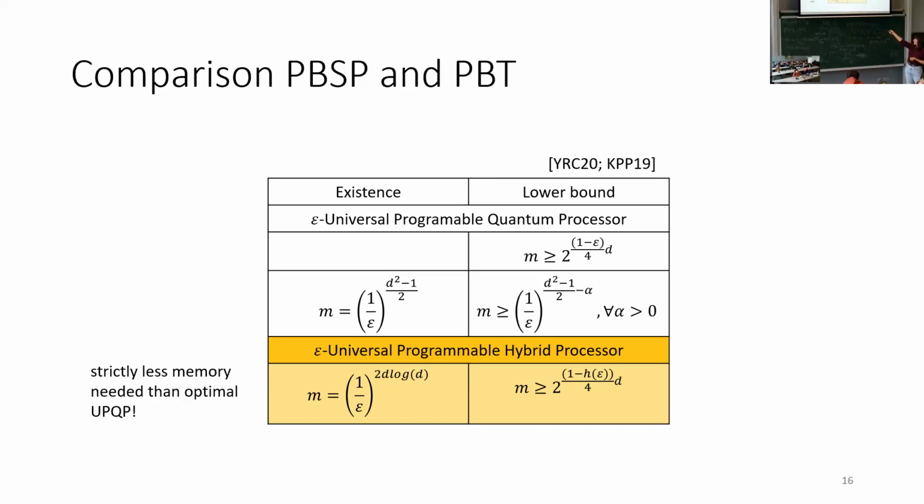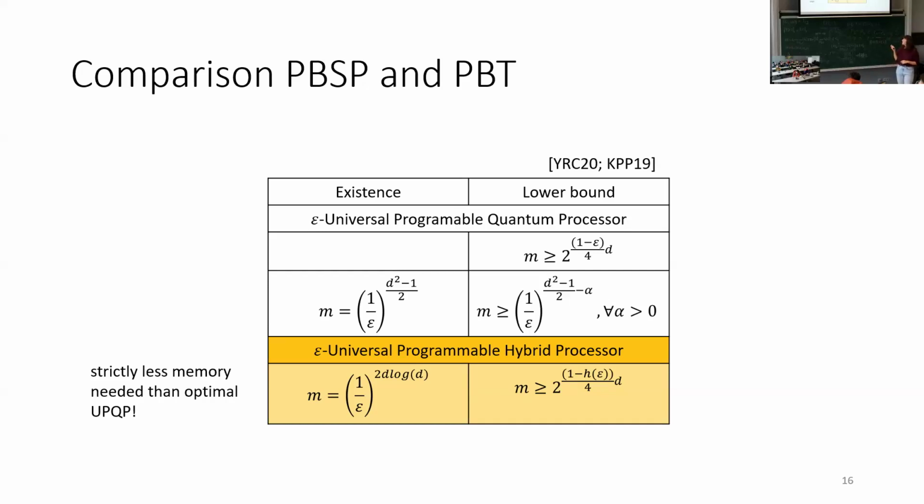But we could only show a lower bound on the memory that scales exponentially in the dimension. That is better than the one by Kubicki and Palazuelos for the quantum processor, but it's not exploding in the error. So there is still a gap between existence and the exploding in the error. If the error tends to 0, this doesn't go to infinity, but ideally we would like to know a result like that.